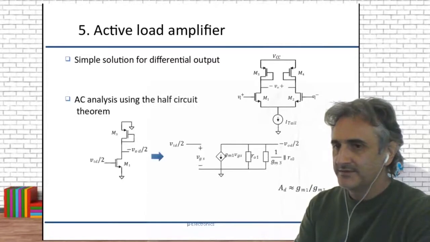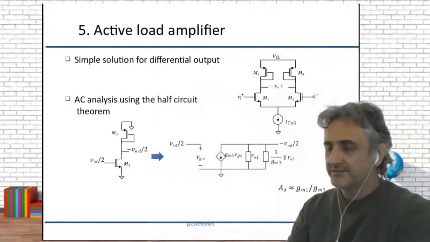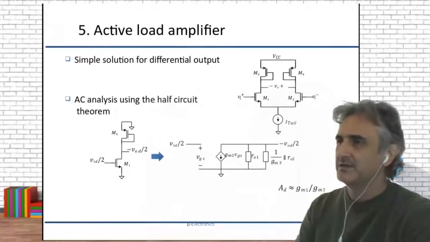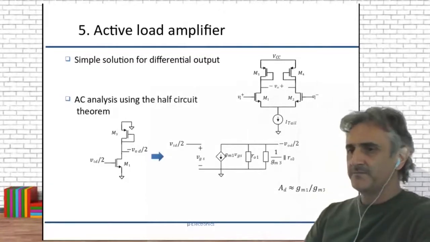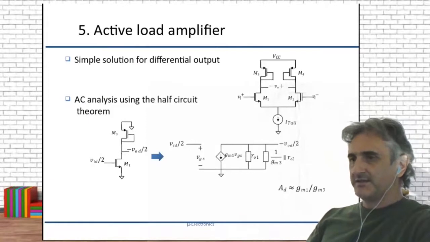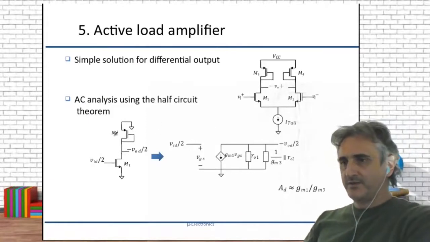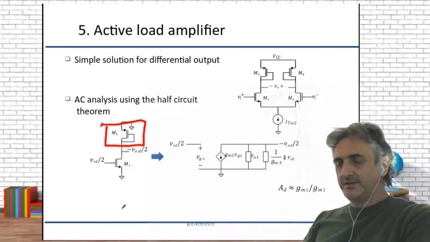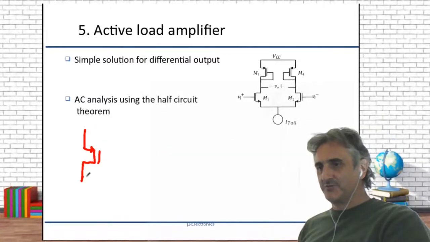After that, we repeat the same analysis for the differential gain, and we just replace the resistor. This is the configuration.